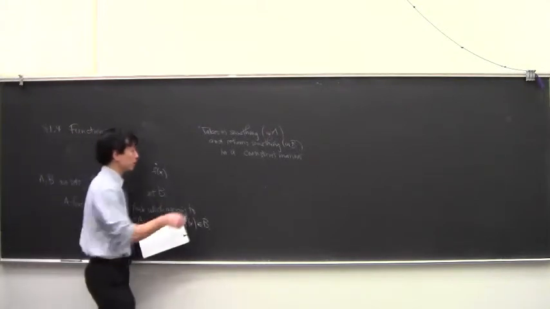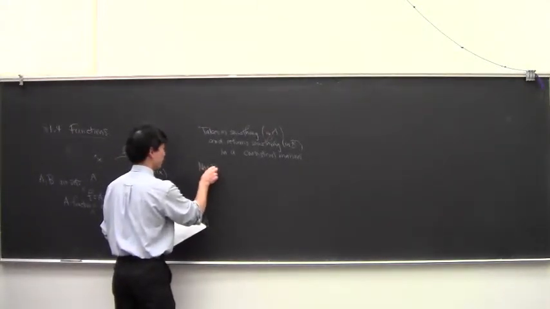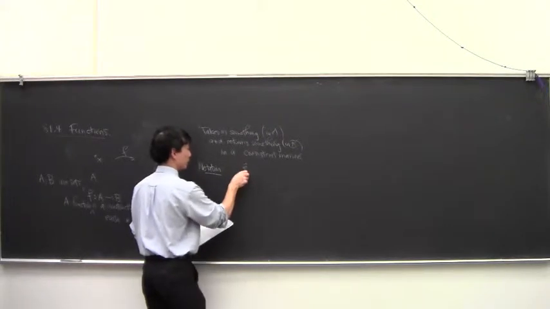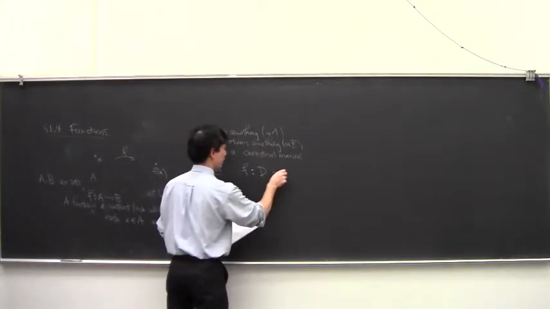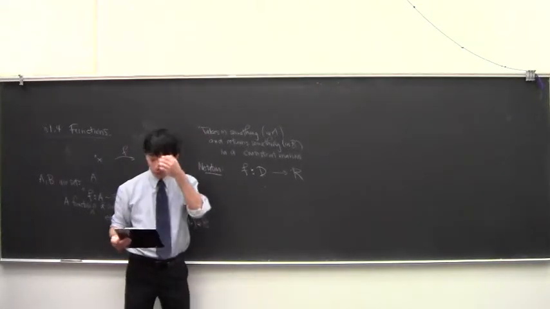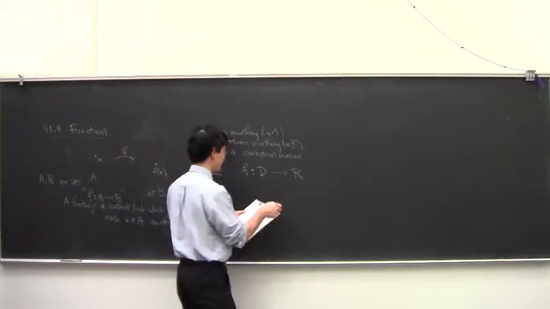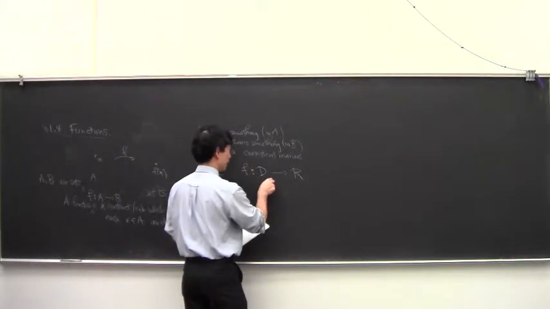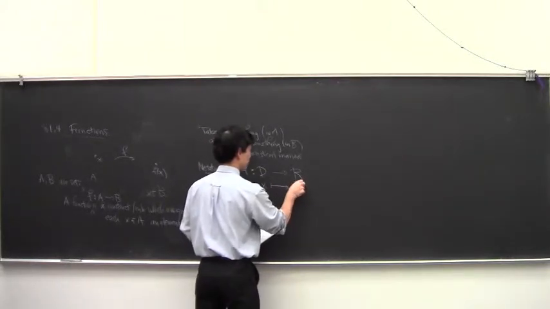Okay. So the notation that we'll usually use is something like this. We'll write f goes from one set to some other set. I was writing A to B over there, doesn't matter. Taking x to f of x.